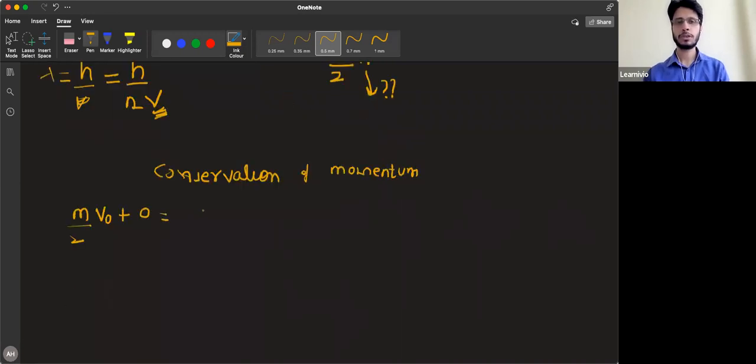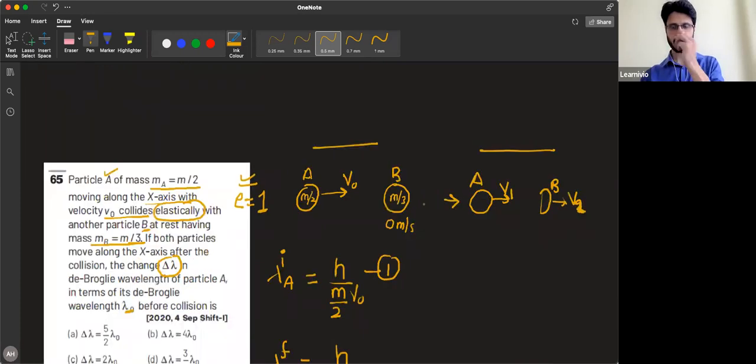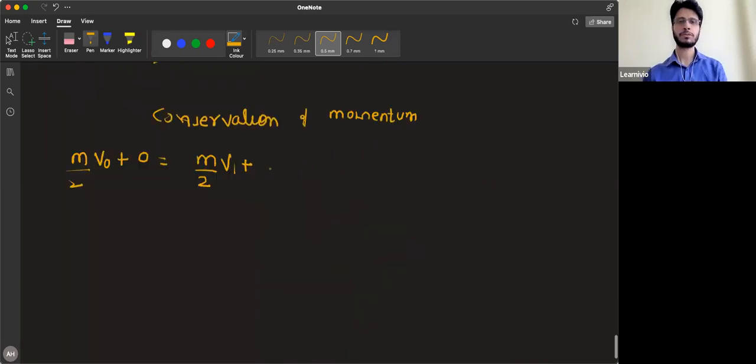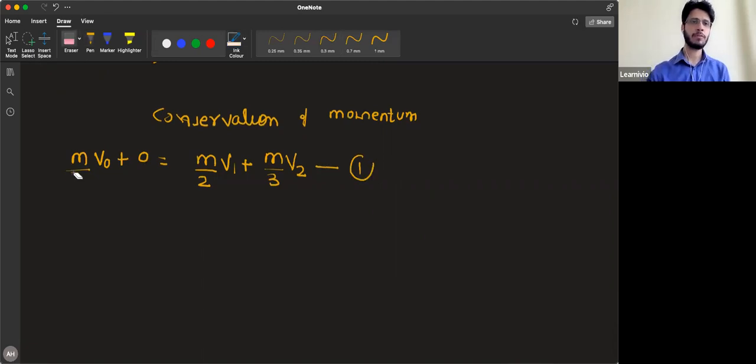After collision, it's m by 2 v1 plus the mass of B, m by 3, times v2. That's my first equation. What you can do is cancel m from here, and from this equation you can calculate v.